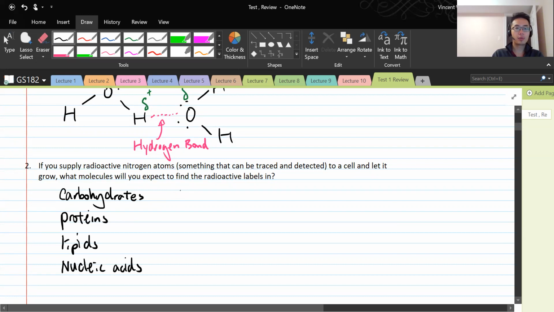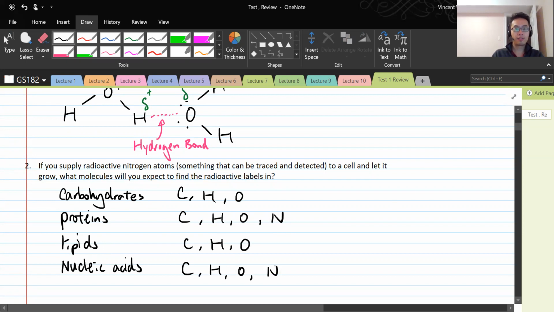So for carbohydrates, we have C, H, and O. For proteins, same thing, but we also have nitrogen, right? For lipids, C, H, and O. And for nucleic acid, we have phosphorus as well.